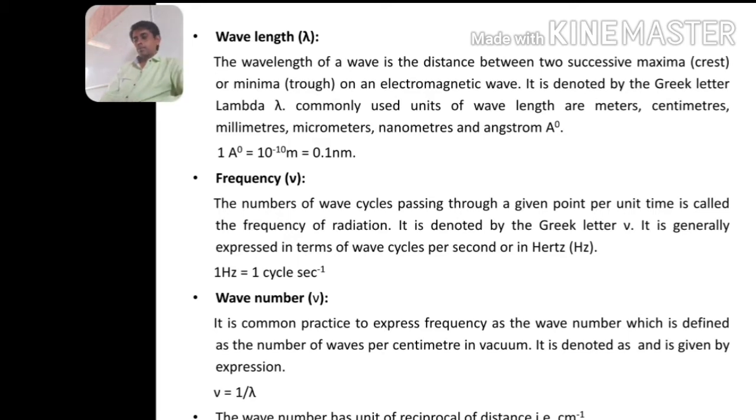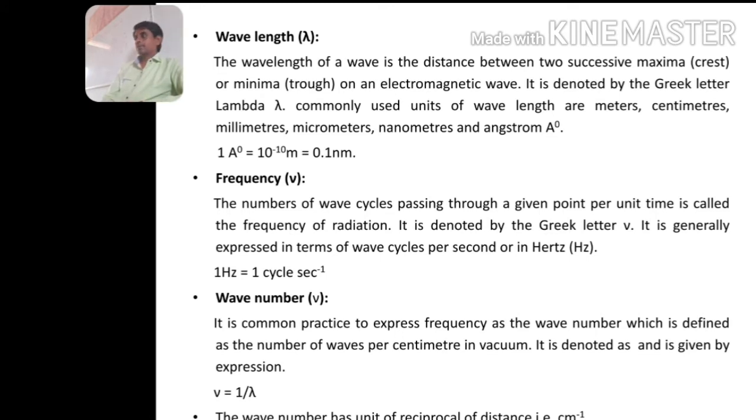The commonly used units of wavelength are meters, centimeters, millimeters, micrometers, nanometers, and angstrom unit. 1 angstrom unit is equal to 10 raised to power minus 10 meter, or equal to 0.1 nanometer. These are some unit conversions.